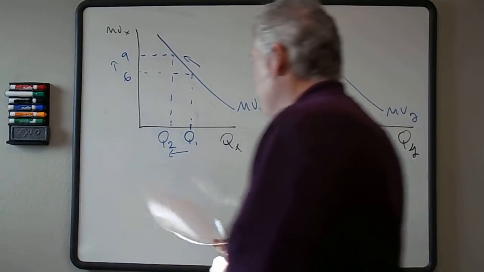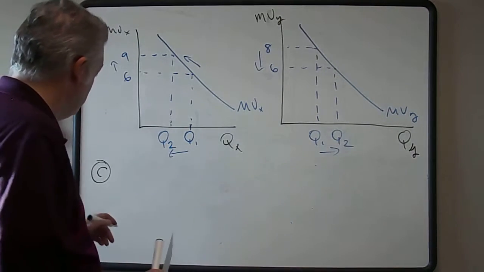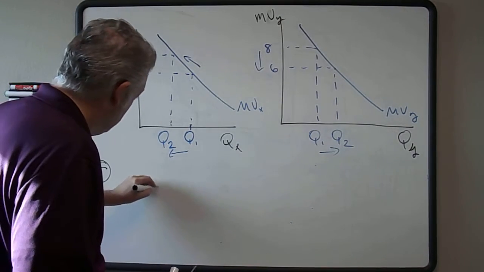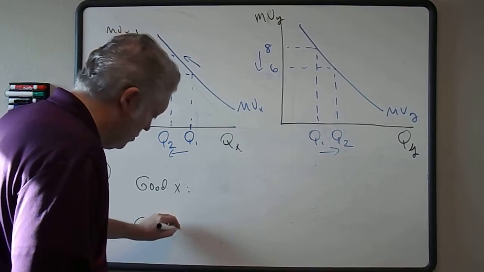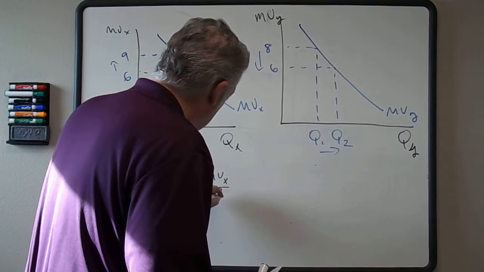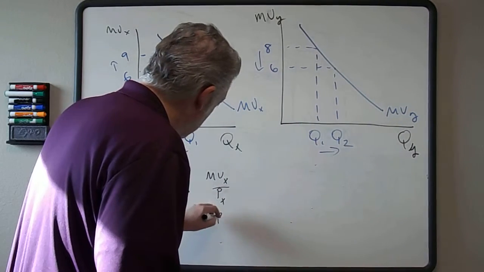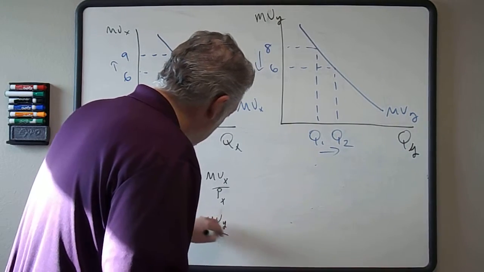And so the final condition then is simply to reestablish the marginal utility to price relationship. For good X and good Y, all we now need to do is reestablish at these new levels after the market has adjusted for the differing levels of quantity that are demanded.